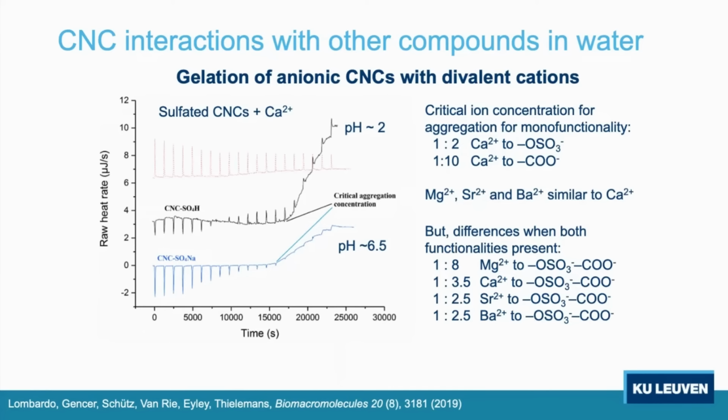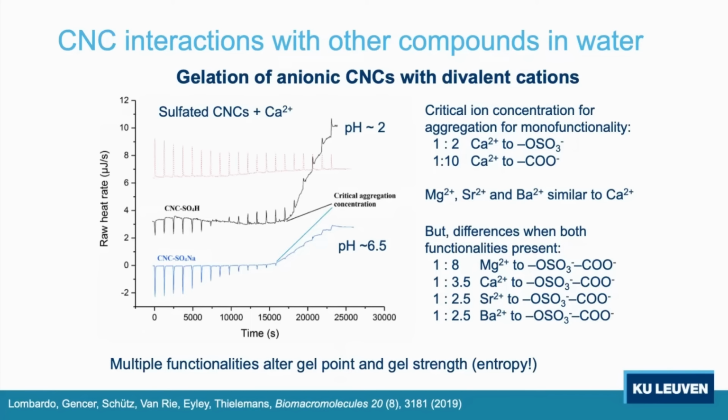It's again an entropy effect, where the surface structuring of the water is less homogeneous when you get two functionalities on the CNCs, but it actually allows you to control how much salt you have to add, and very interesting, you can also control the gel strength that way.